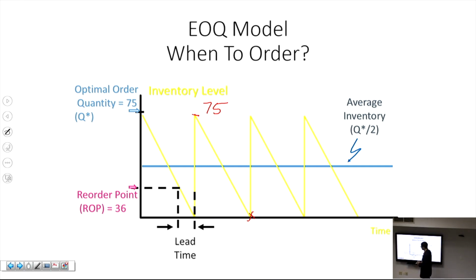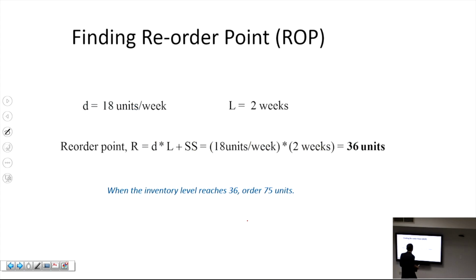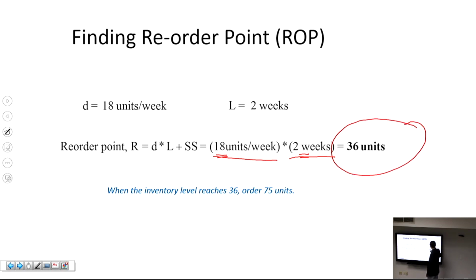So we know that the weekly demand is 18 and the lead time is 2 weeks. So while I wait for 2 weeks, I expect to sell 18 units per week. So I should have 36 units on hand before I place an order with the supplier.